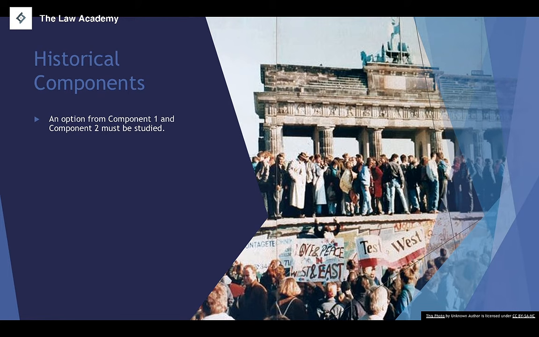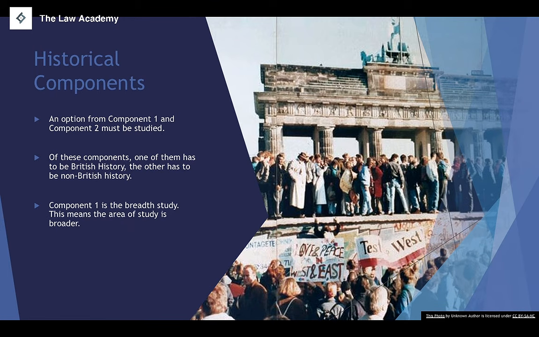We have an option from component 1, that you'll be able to study a period of history from component 1, and there's also an option to study history from component 2. These both must be studied. Of these components, one of them will have to be British history to meet this minimum requirement that we just specified in the last slide, and the other one will have to be non-British history.